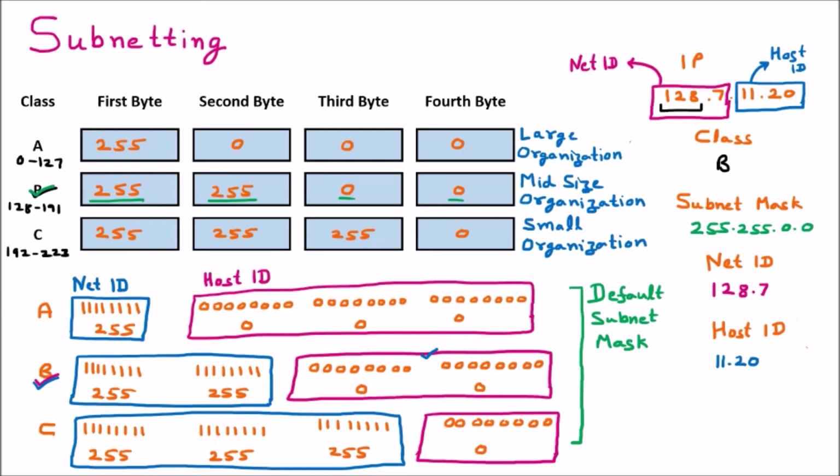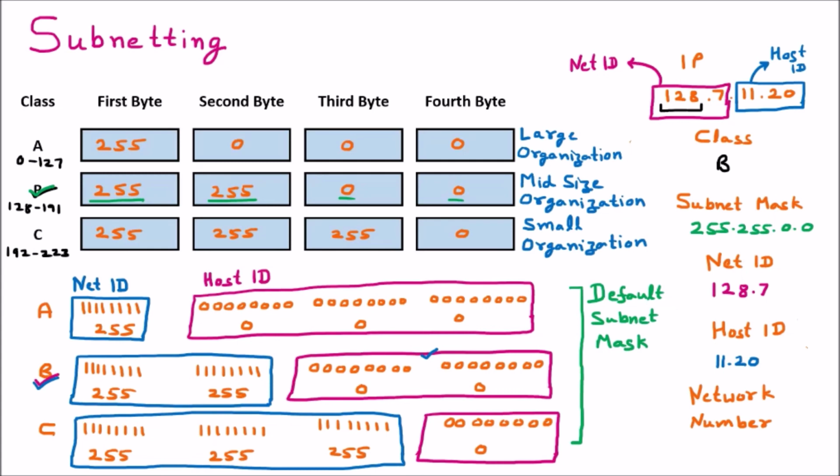Now we are going to find out the network number. So here we are writing the network number of this particular IP. To find the network number, we should understand one thing.